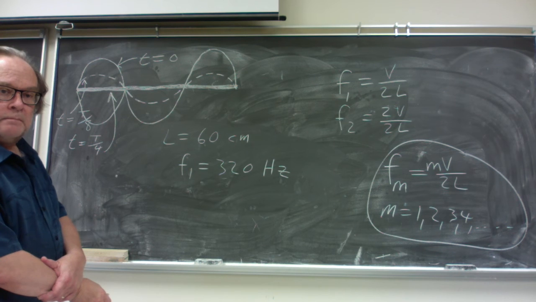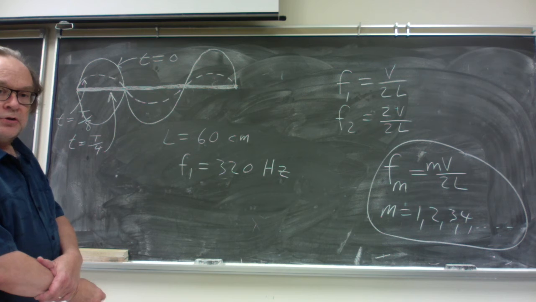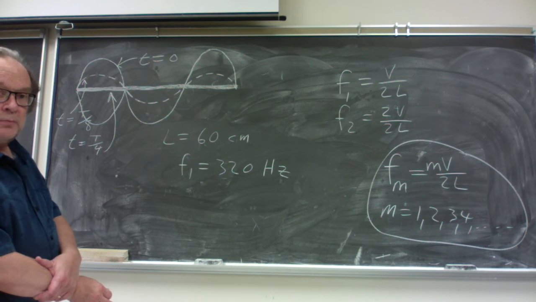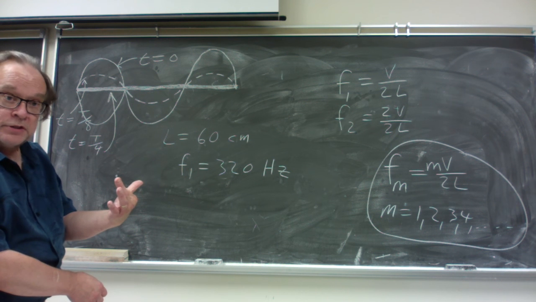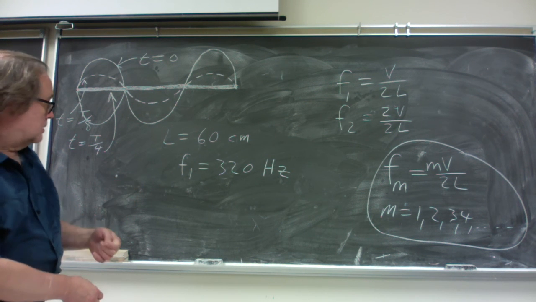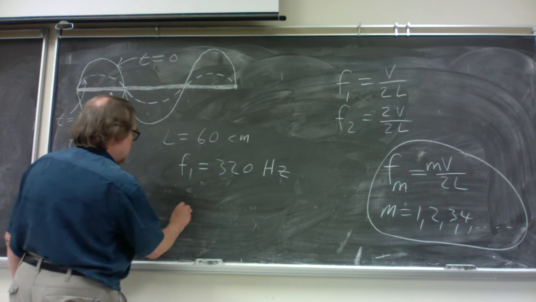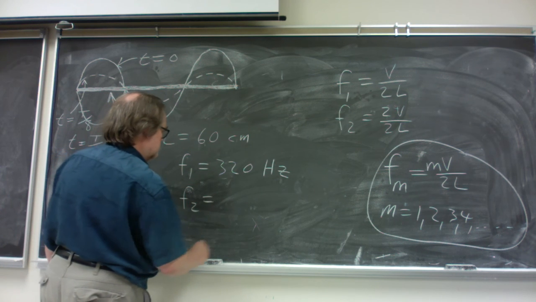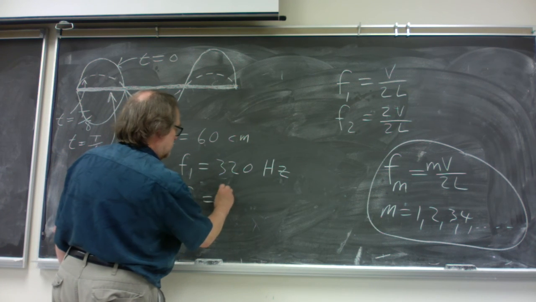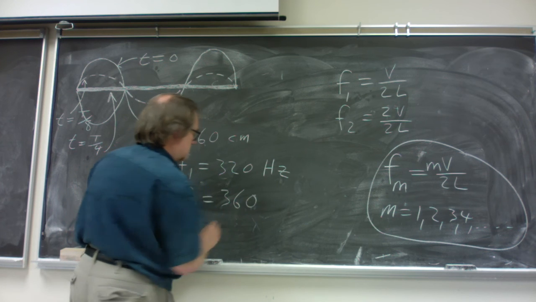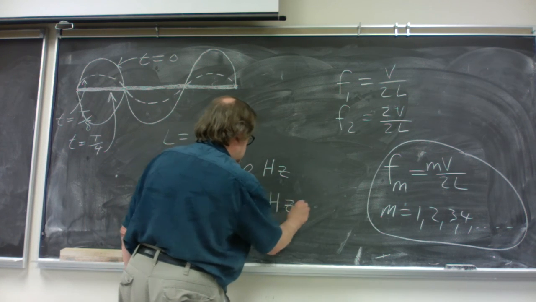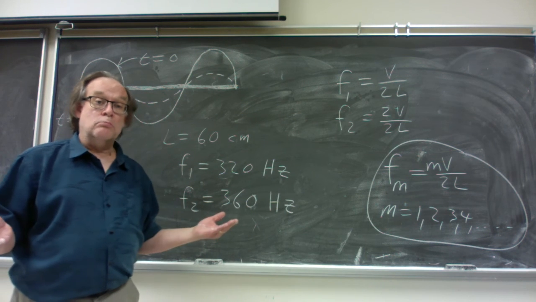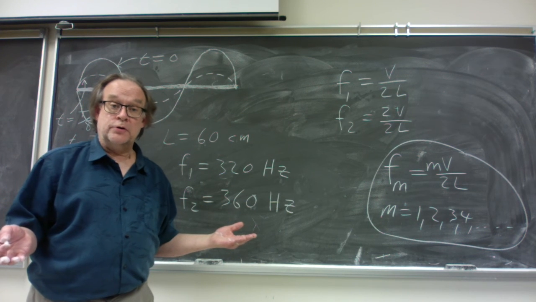Now you want to play a higher note, so you need to shorten the length that's actually vibrating. You put down a finger somewhere. Where do you have to put down that finger? Specifically, if you want to play a note that has 360 hertz for its pitch, by how much do you have to shorten the string?